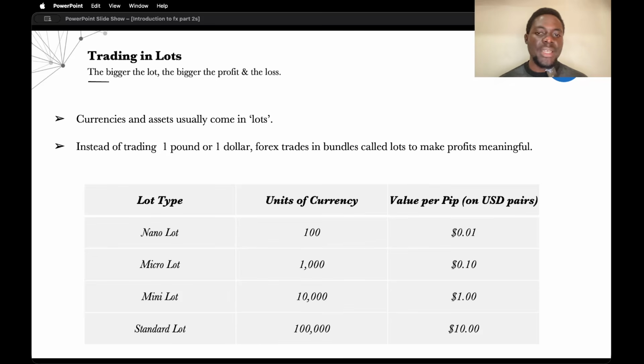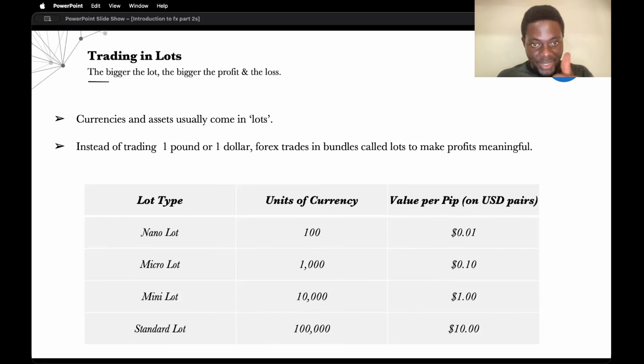So micro lots means you are trading in bits in units of thousands. So $1,000, $2,000, $3,000, $4,000, $5,000. You understand? Good. Per pip, if you place a trade on a micro lot, any pip movement is 1 cent. Is it 1 cent or 10 cents? Let me check, please. That's why we have Google nowadays.